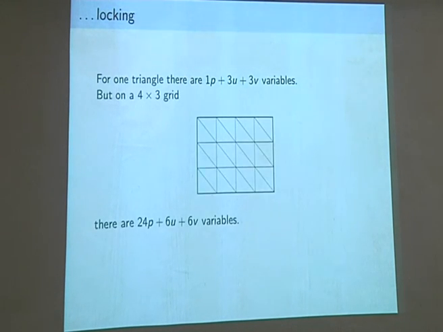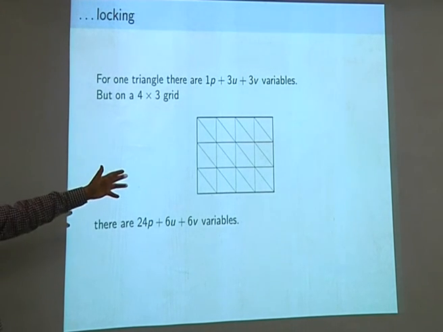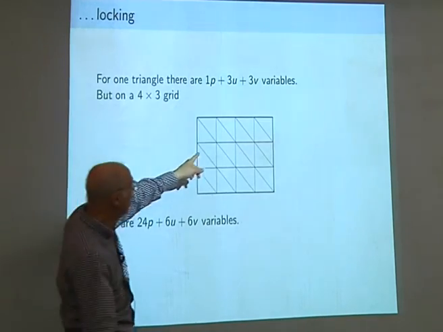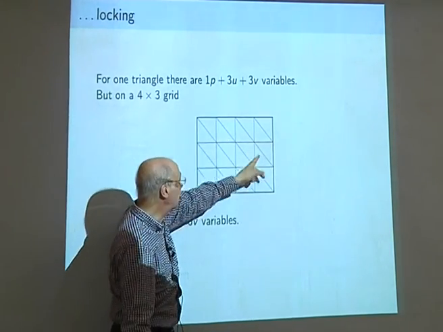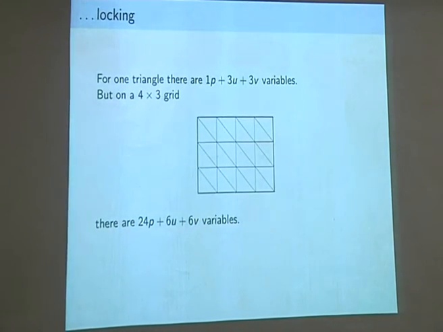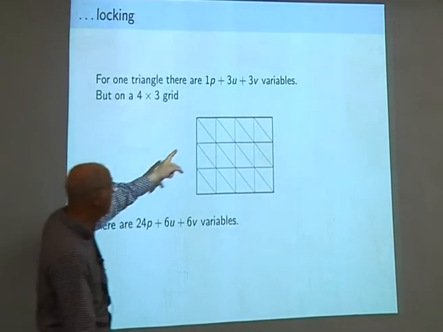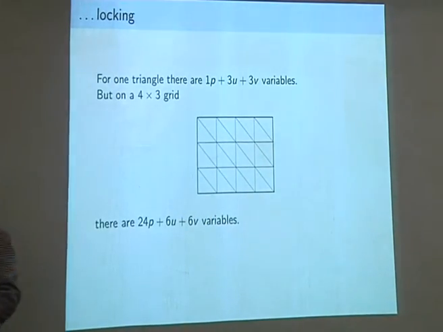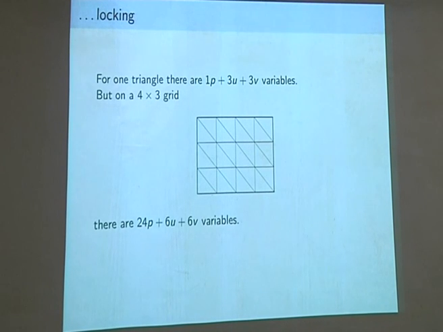Unfortunately, if you look at it, I've written it out here for a 3x4 grid, and working around carefully, you only have unknown velocities at 6 points, and you have 24 pressures. So locally at one triangle, it was good.